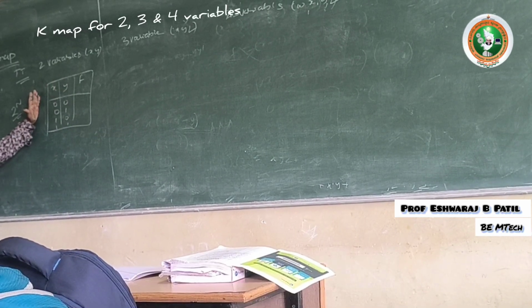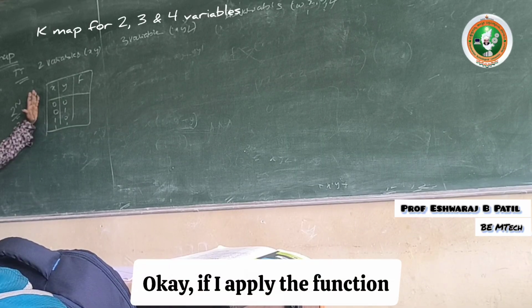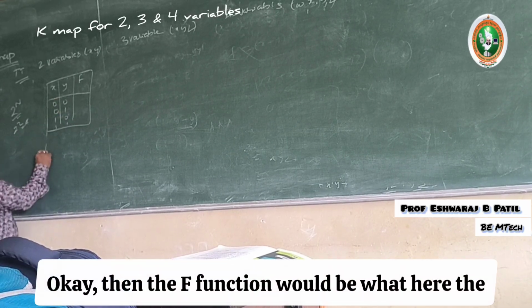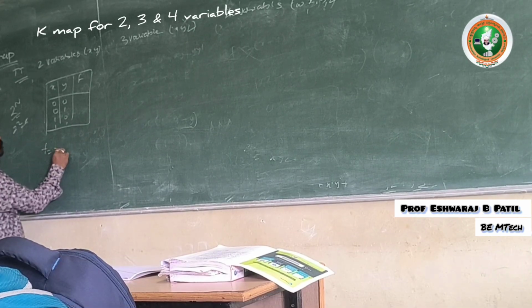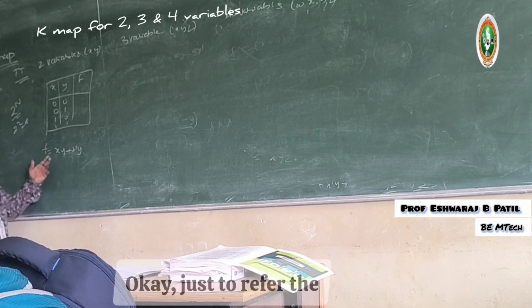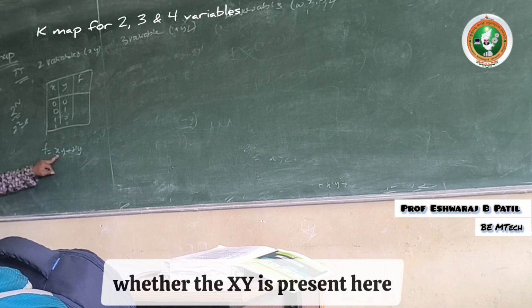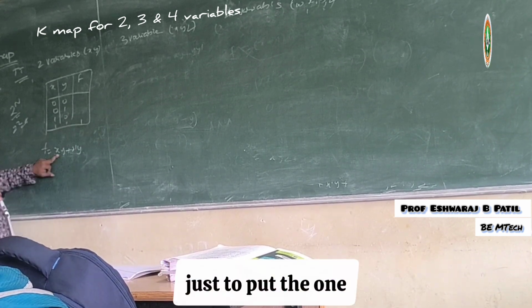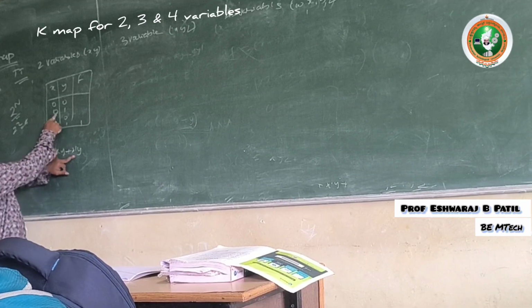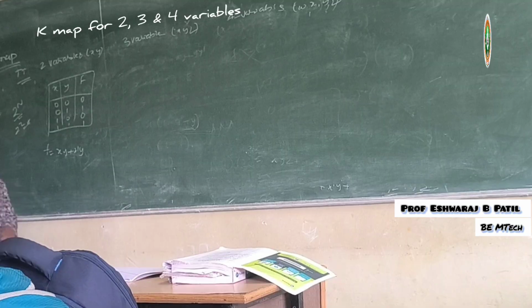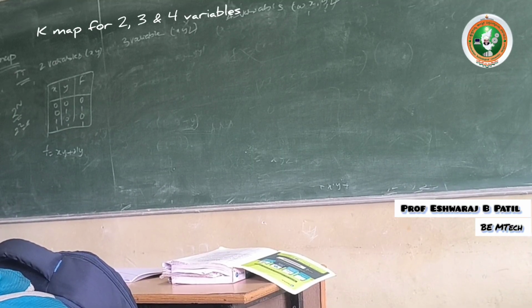If I apply the function where terms are present, then the function would be xy and x'y. Just referring to these 2 terms, where xy is present, put 1, and where x'y is there, put 1. The remaining terms would be 0 only: 0, 0, 0, 0.